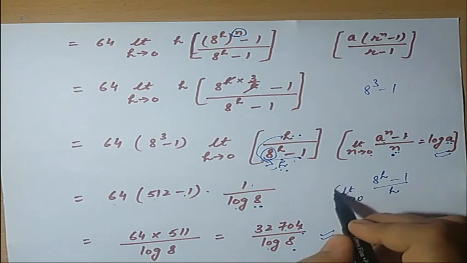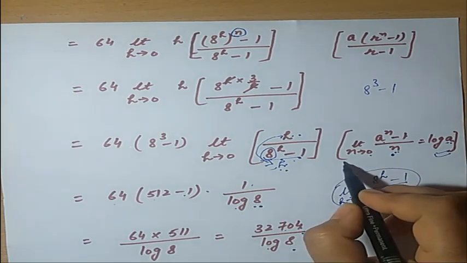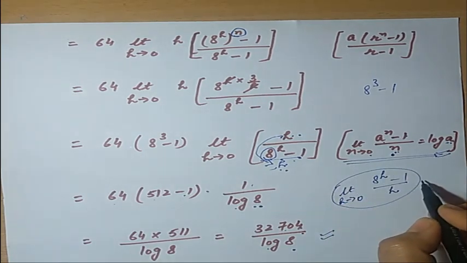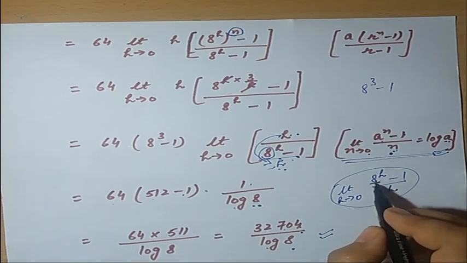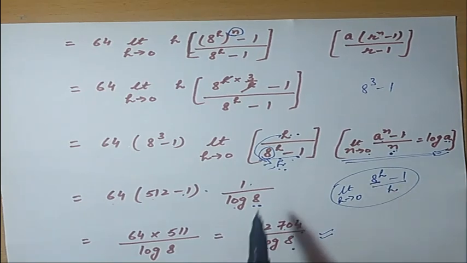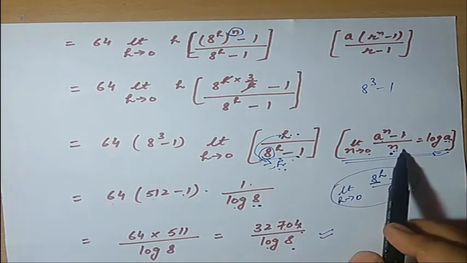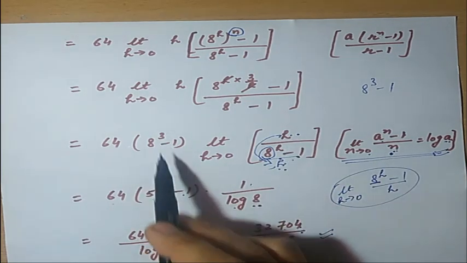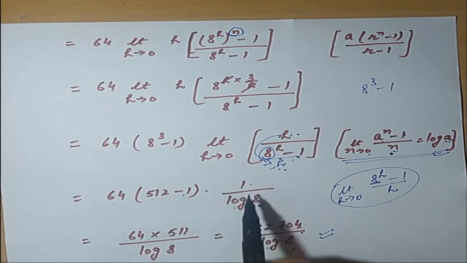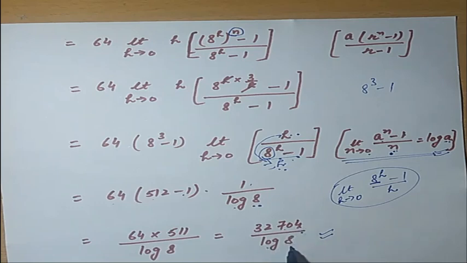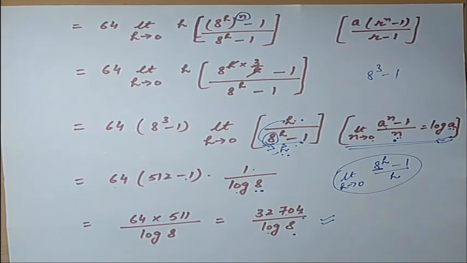When we compare this with this property, its value will be equal to log of 8. We put the value 1 upon log 8 because this is the reciprocal. So 8 raised to power 3 is 512, minus 1, times 1 upon log 8. When we solve all the values, the answer is 32704 upon log 8. This is the required answer.